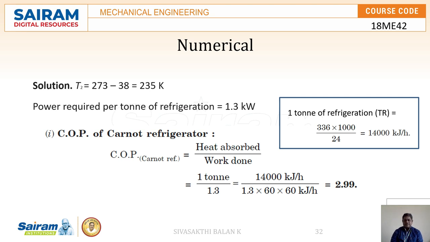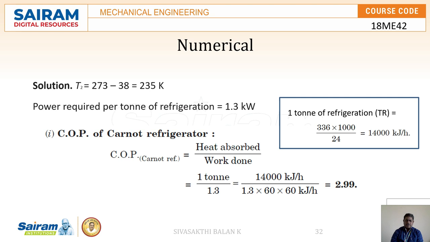The COP of the Carnot refrigerator is defined as the heat absorbed to the work done, or the refrigeration effect to the work done. The heat absorbed is 1 ton of refrigeration and the work done is 1.3 kilowatt. We know that for 1 ton of refrigeration we require 14,000 kilojoules per hour of energy.